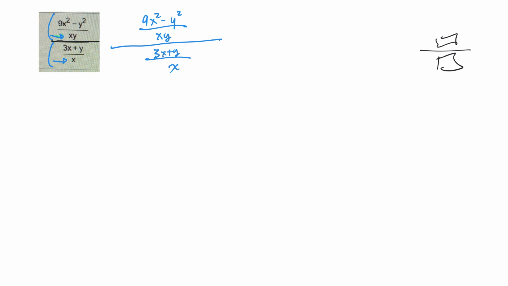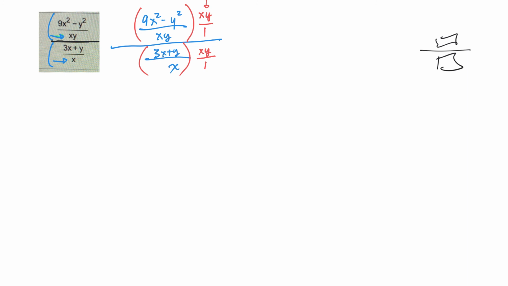So my common denominator is xy. So I'm going to multiply the top by xy, and you can call it xy over 1 if you want. And then I'll multiply the whole bottom by xy over 1. Now notice I multiplied top and bottom by xy over 1, so I didn't change the equality of the expression. But this is going to allow me to simplify things.